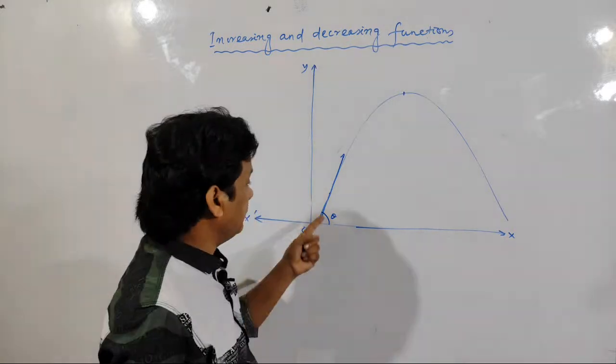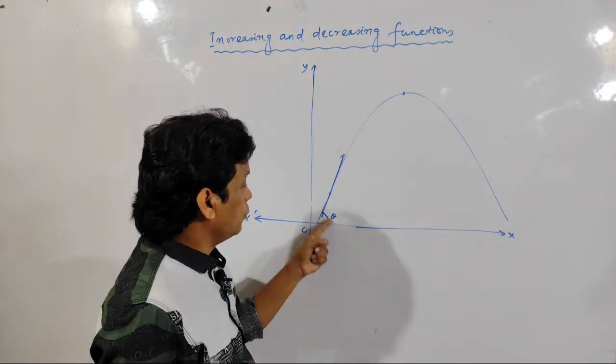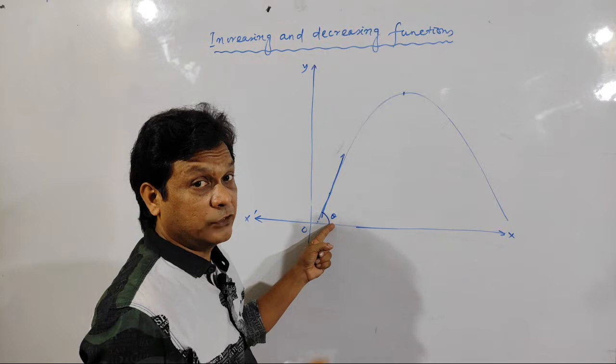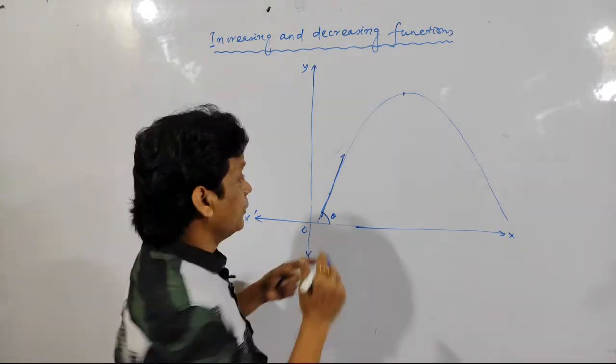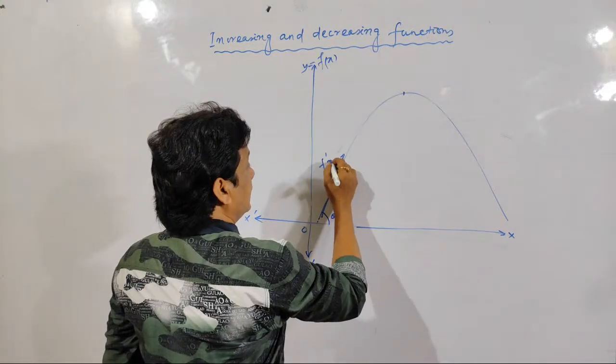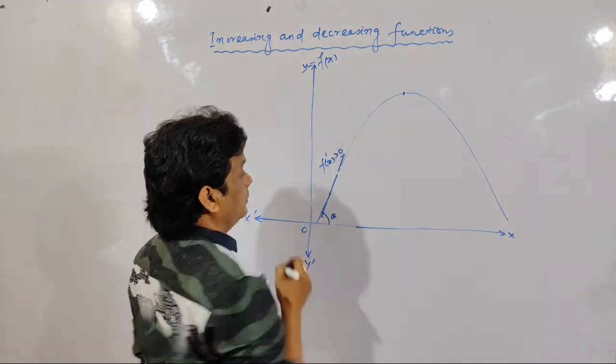So the slope of the tangent is positive, which means the derivative is positive. If y is equal to f of x, then f dash x is positive.